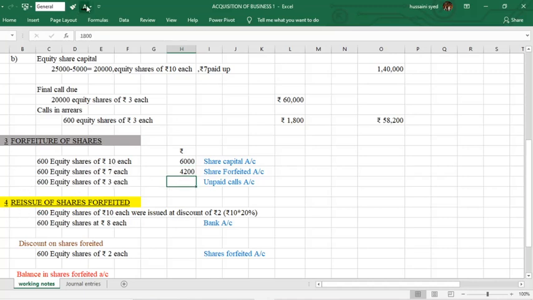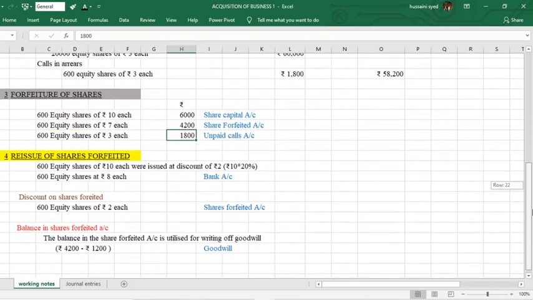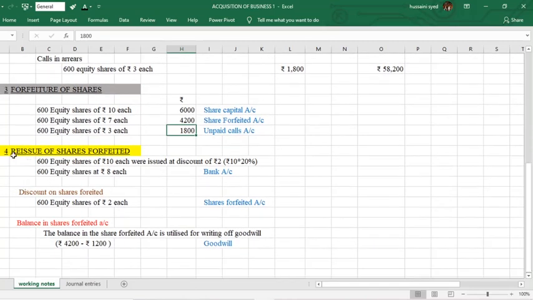How much is the unpaid amount? 1,800. This is given to you in the question. Whatever shares the company has forfeited, they have reissued. 600 equity shares, whose face value was rupees 10 each, were reissued at a discount of 20%.